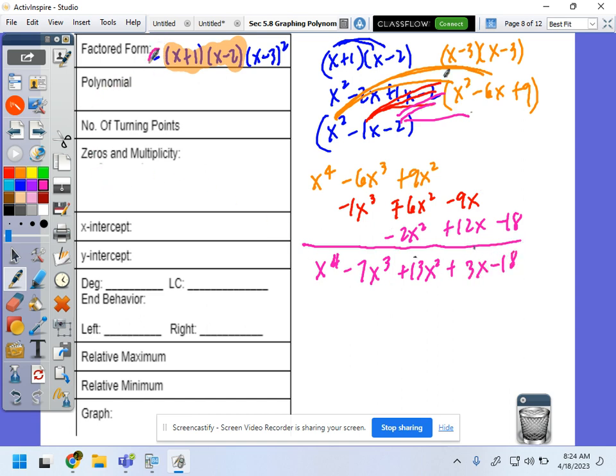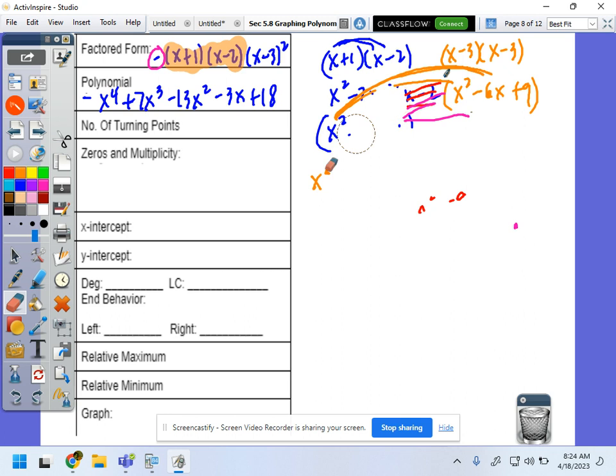And then take note there's a minus or negative in front, so I have to multiply them all by negative. So I will just have to flip all their signs. So the answer now will be negative x to the fourth plus 7x cubed minus 13x squared minus 3x plus 18. Okay, there you go. And that's your polynomial.